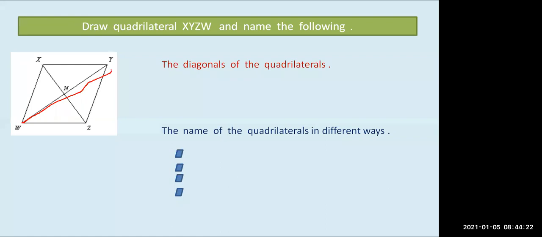Very good, very nice. The line which joins W and Y is called diagonal. This is the diagonal of this figure. And X, Z. These are the two diagonals of the quadrilateral XWZY. So segment XZ and segment WY are the diagonals of the following figure that we have. Very good.